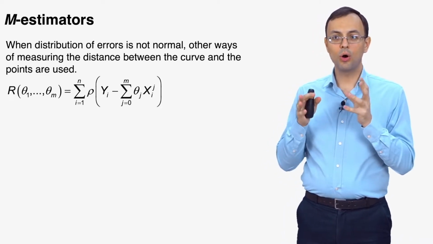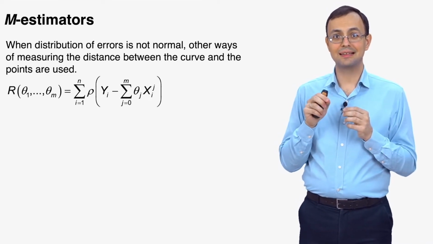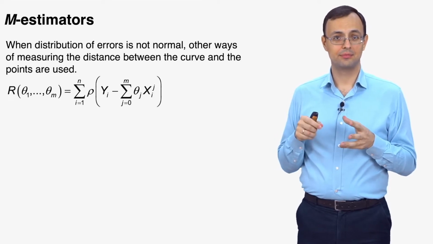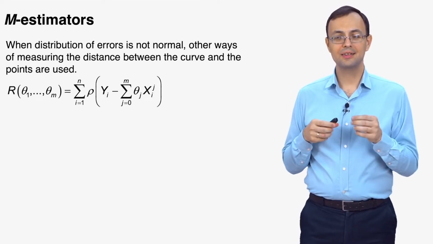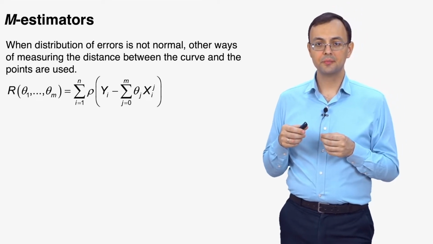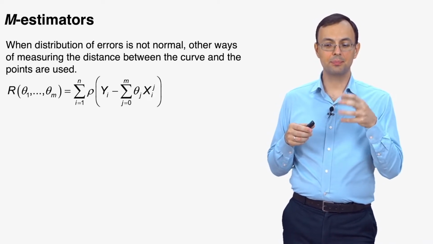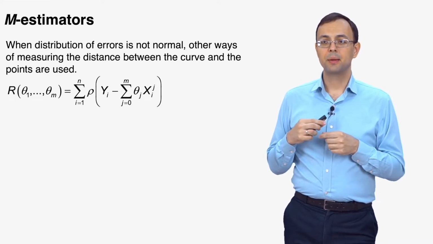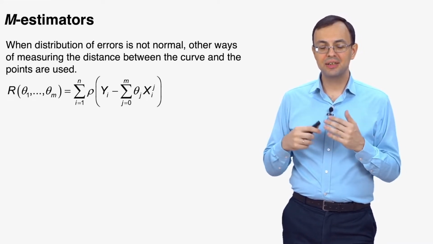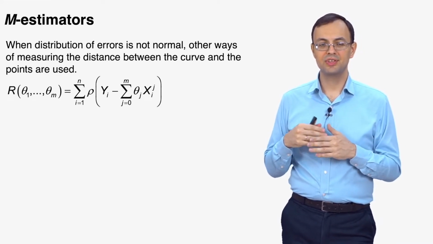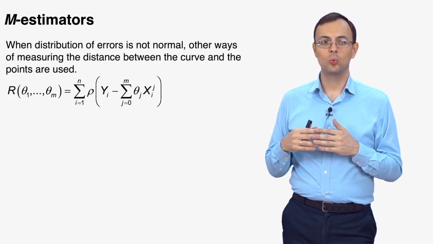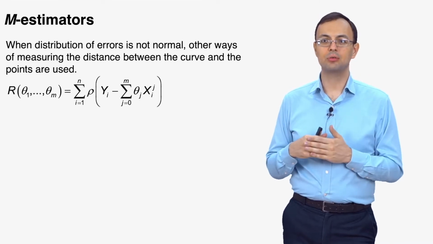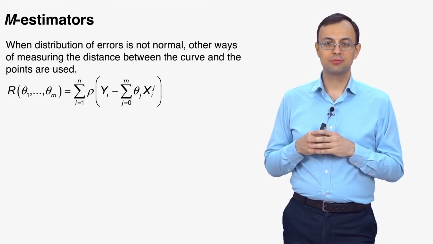So if rho of u is, for example, u squared, then we'll get the OLS. So OLS is a particular case of this method. But for contaminated data, for data where the normal distribution is spoiled by the outliers, we use different rho functions.